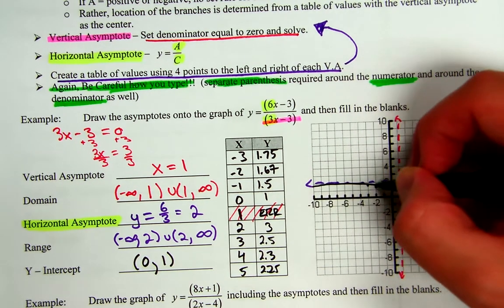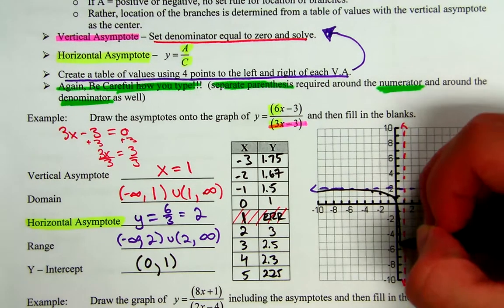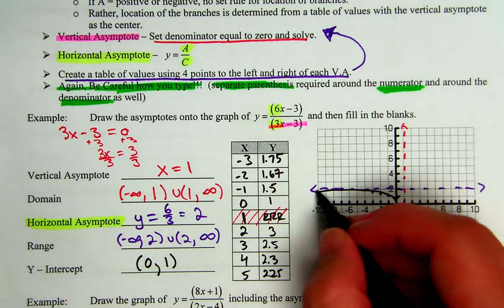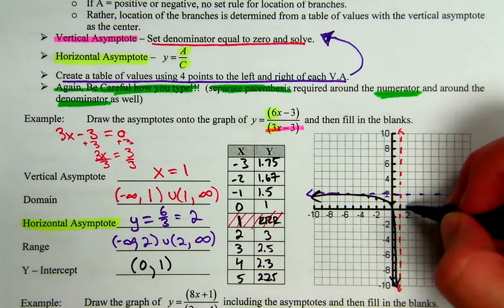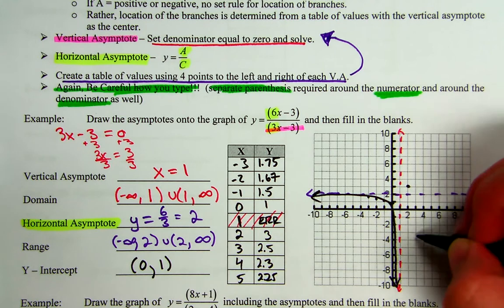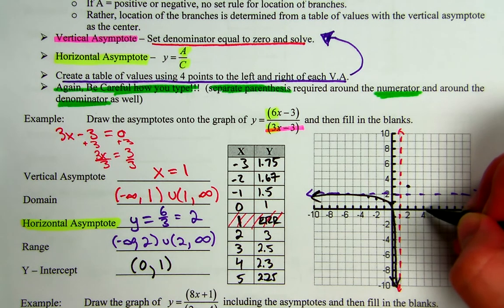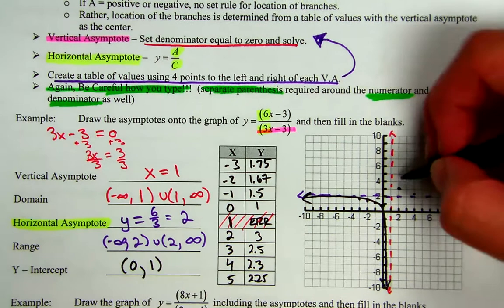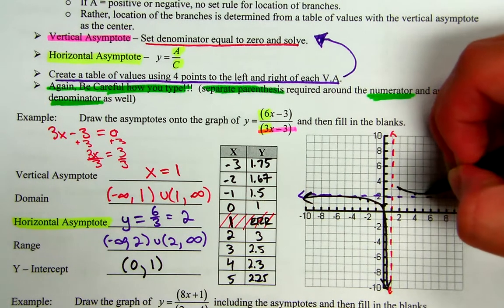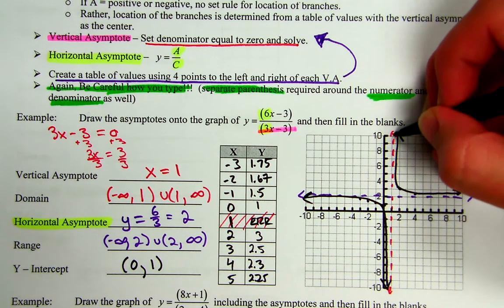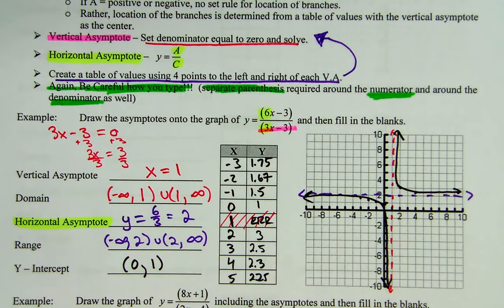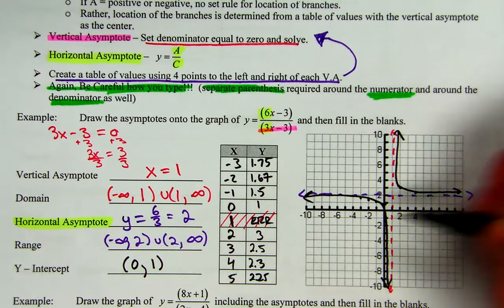As you saw on that graph, we approach the asymptotes but don't actually touch them. For the other branch, I need 2, 3, 4, 2.3, so we're a little bit above, and then approaching here. Again, approach the asymptote, don't touch it, and go up. So that's our graph. We want a rough sketch of these.